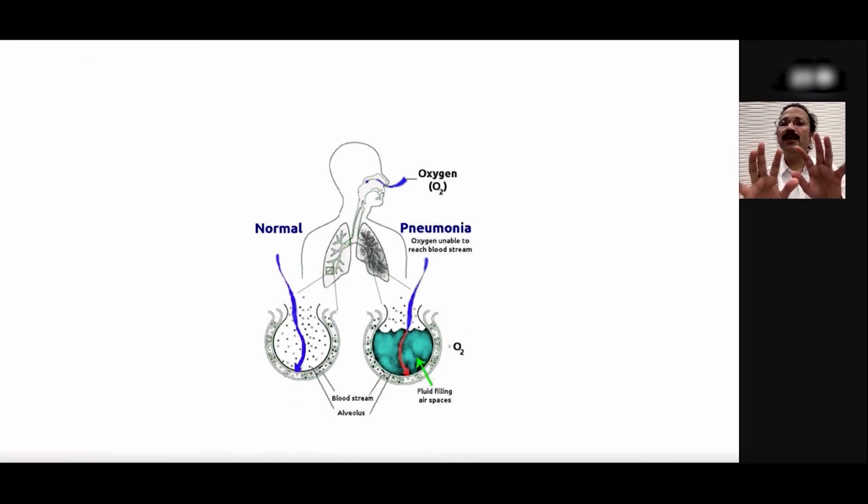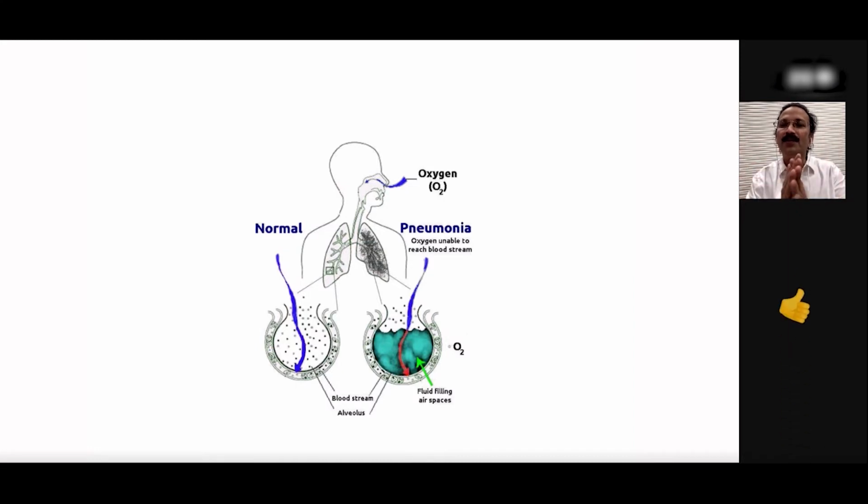Again, to make it very basic, a normal alveoli and the alveoli, the parenchyma filled up with secretions. When I say secretions, it actually implies mucus and pus. And the alveoli become congested. Too much of crowding in the alveoli which was empty. So it's like a train compartment which was empty, and suddenly at 8:30 a.m. the office time starts and the entire compartment becomes congested with people.